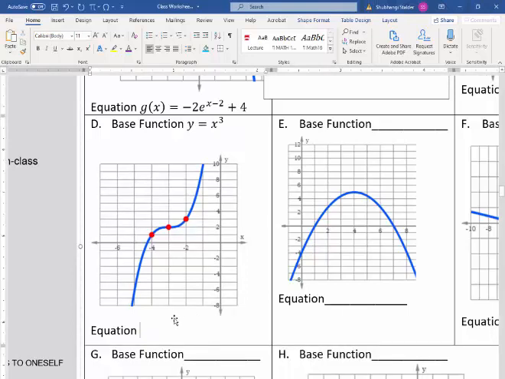It shifted left 3 and up 2. All right, so how should I write it? Y equals parentheses x plus 3 to the third power plus 2. Perfect. Nicely done. Does everybody see what he said? Any questions on this one?